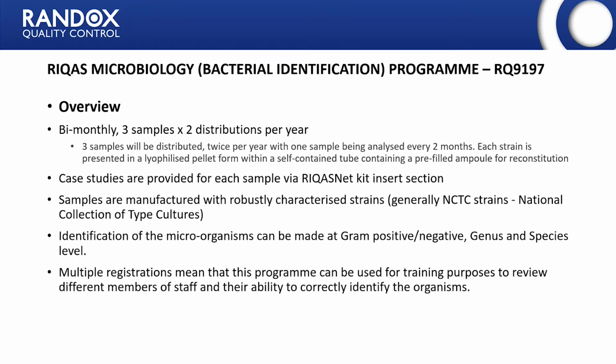The samples themselves are generally strains from the National Collection of Type Cultures, a UK-based body. There are other possible strains, say ATCC and CDC, just to name two. We may use some of those strains in the future, but initially we'll be using NCTC strains.